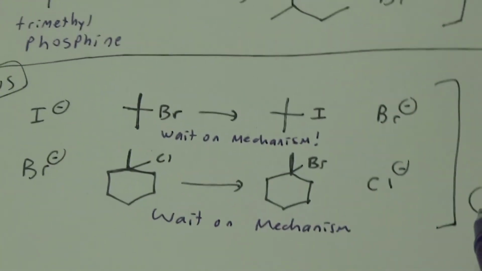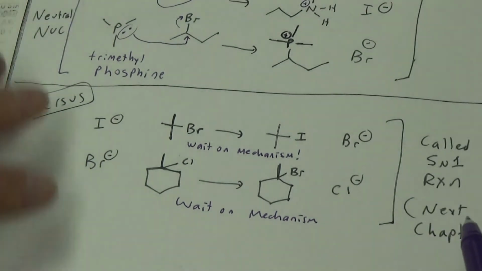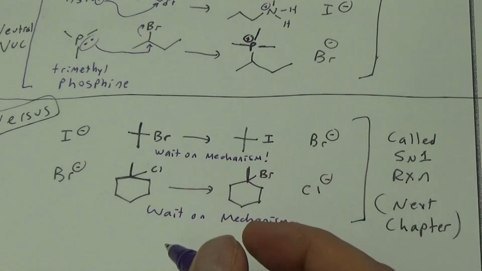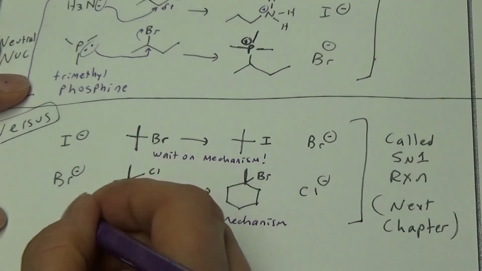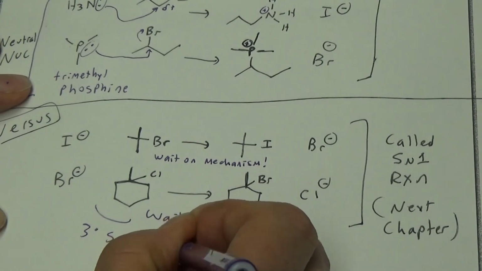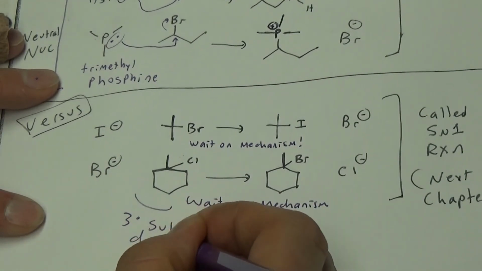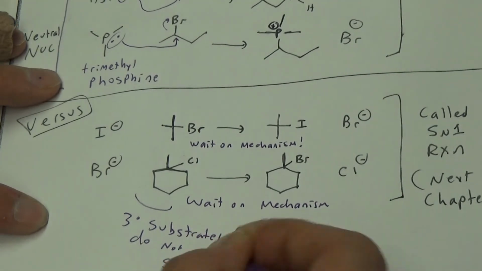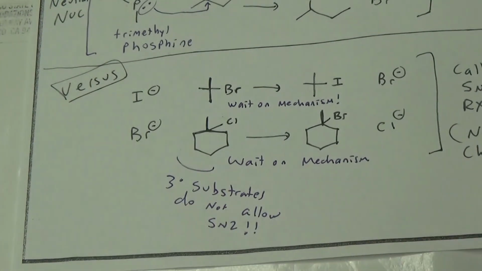So that's what the SN1 reaction is going to be. That's really next chapter. We have a lot to talk about for the SN2 reaction, but notice that these are tertiary substrates. Tertiary substrates do not allow SN2. Okay?